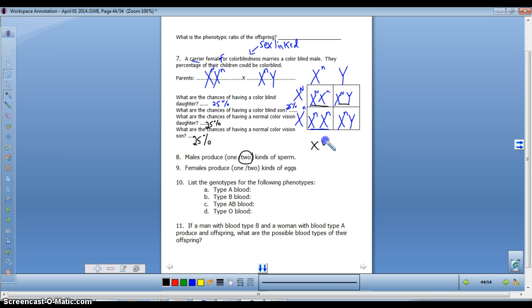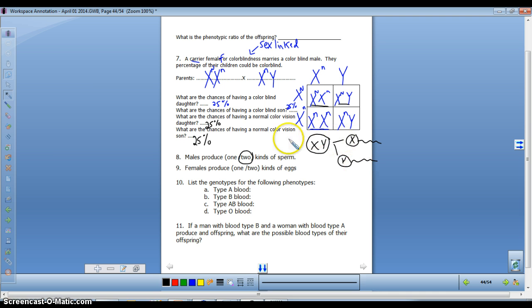Males produce 2 kinds of sperm. Because remember, males are XY in their diploid cells. And when you go from diploid to haploid, it's half of 2. Half of 2 is 1. So one of the sperm produced from this cell is going to have the X chromosome. And another sperm produced from this cell is going to have a Y chromosome.